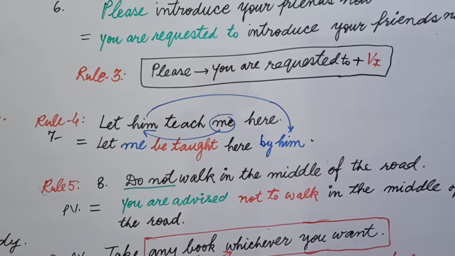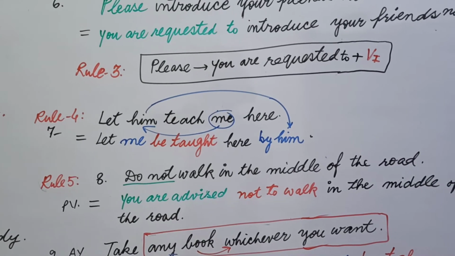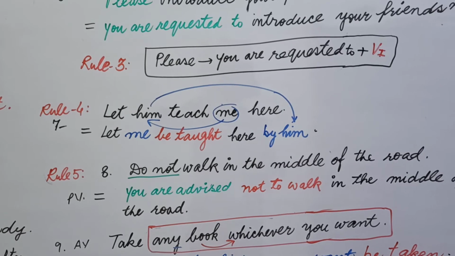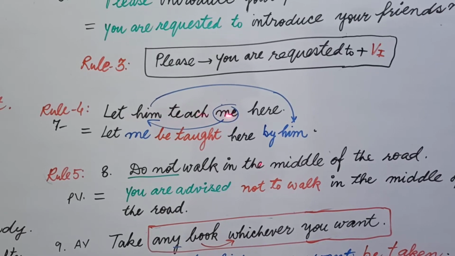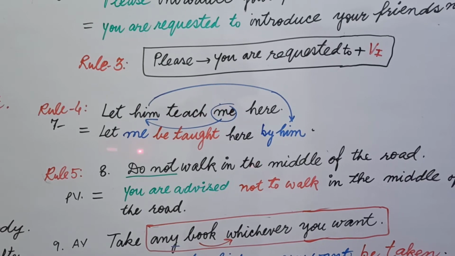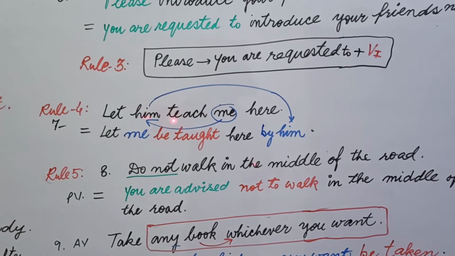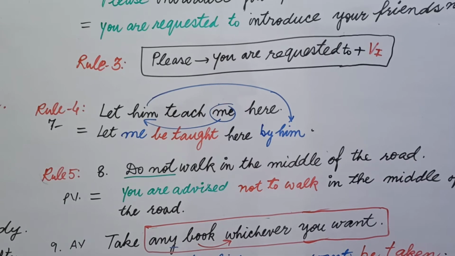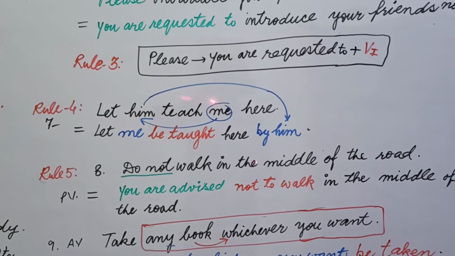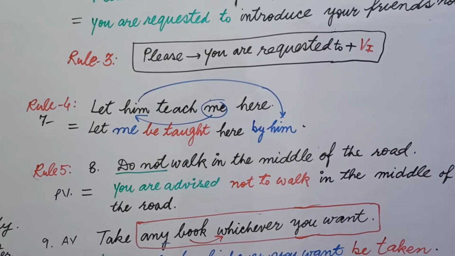Whenever you have such a structure after let, you keep let at the place of let, and you change these objects, him and me. Me will come at the place of him, and you will write be taught, then you will write the rest of the sentence, and him will be written as by him in the end.